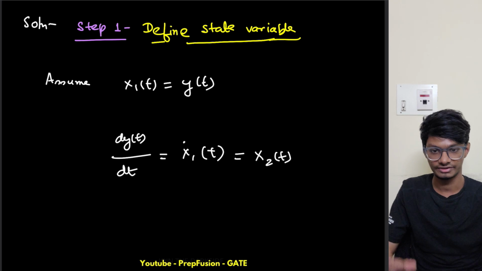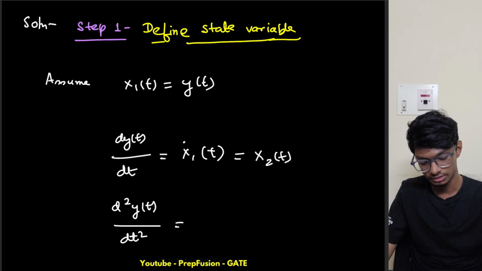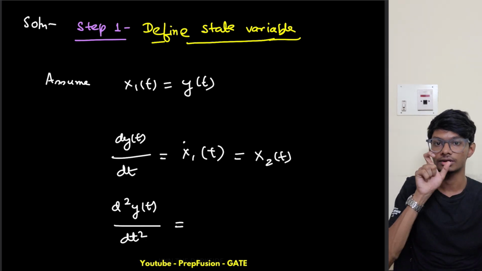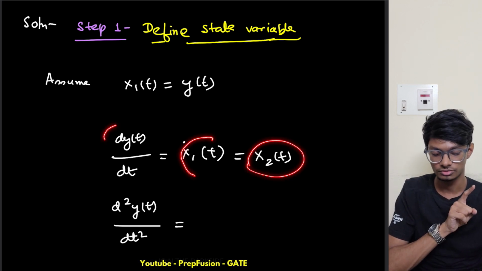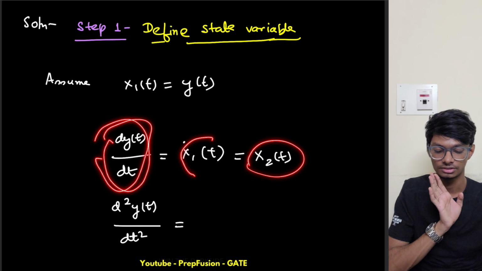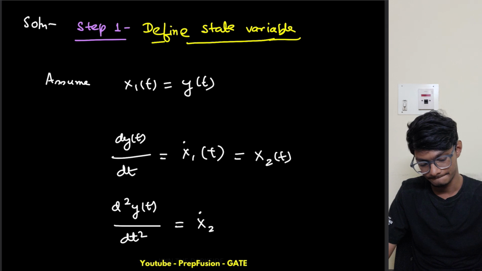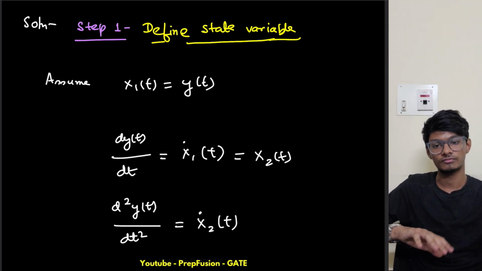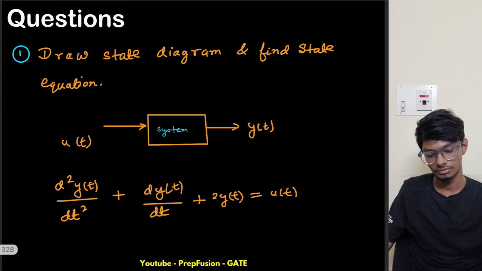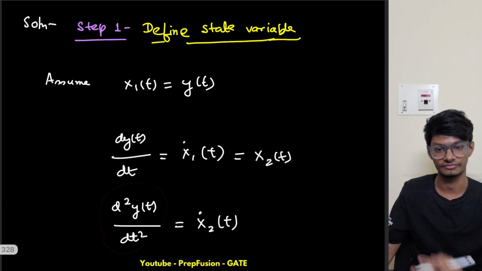Now if I differentiate this equation again, I get x1 double dot, but I won't write it. What I will write is x2 dot, because this x2 equals dy/dt. If I differentiate this again, we get x2 dot. After this we don't have to assume a new state variable, because we have already reached the highest order of differentiation of y.